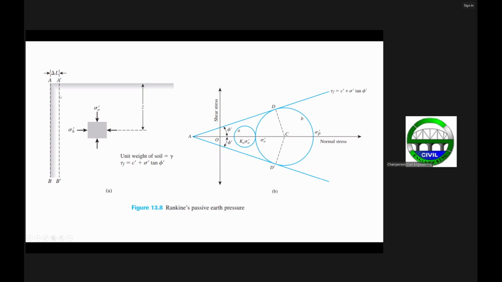That means you have a passive state. We can call this condition the Rankine's passive state, wherein the wall is moving at the deformation of delta L.